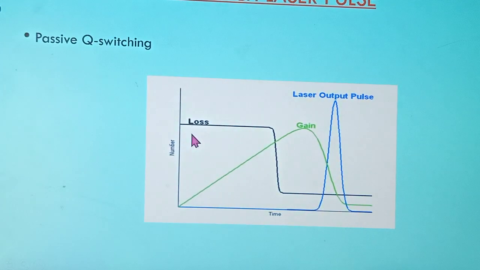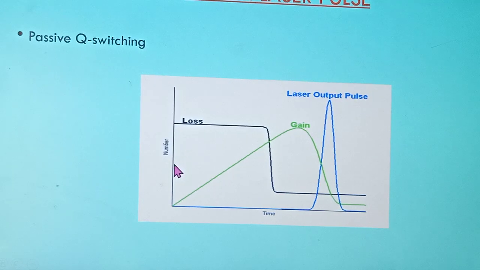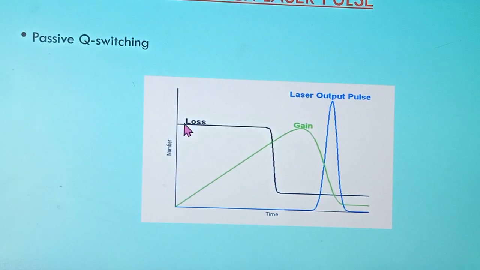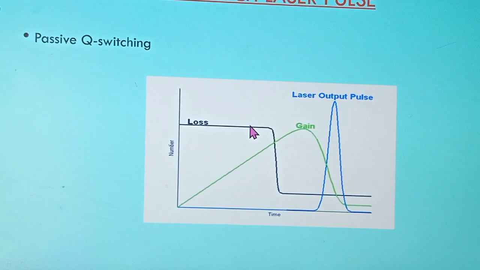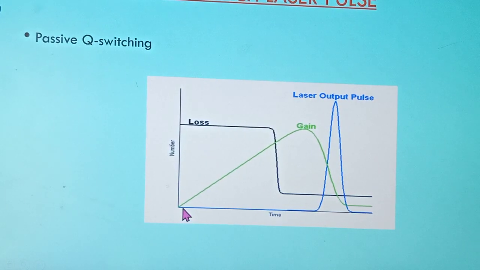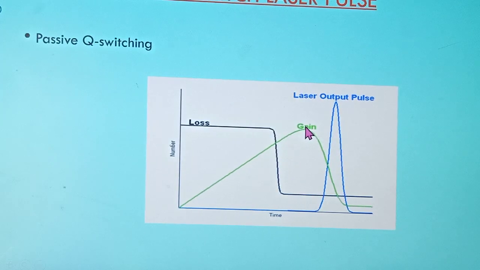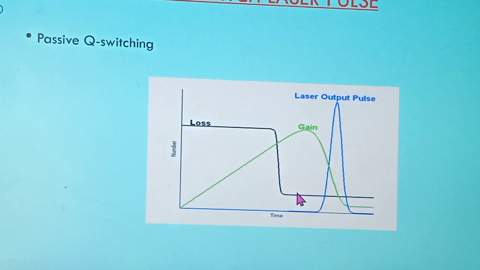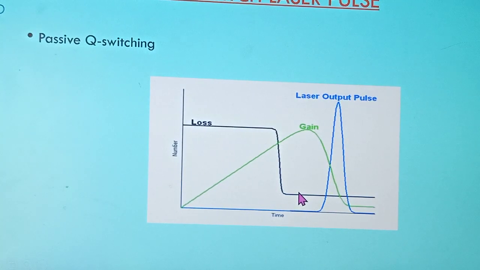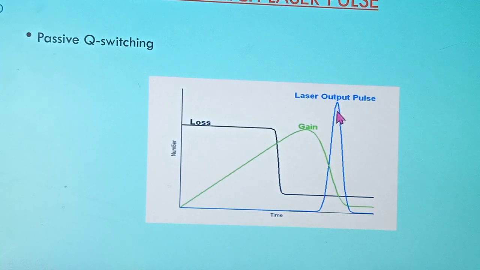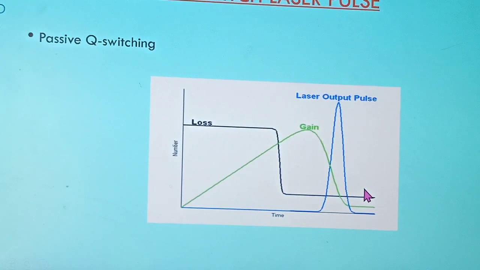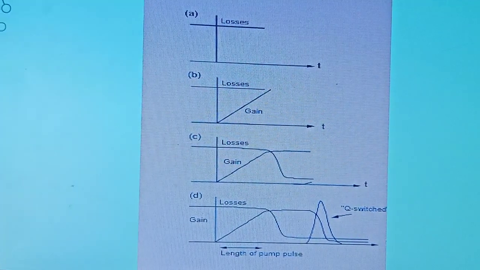At the initial stage, when the shutter is closed, loss is very high. During this time, pumping is going on and the gain is growing. Then you open the shutter, the loss drops to a very low value, Q has increased, and the laser output pulse starts building up, resulting in a Q switched high energy pulse.